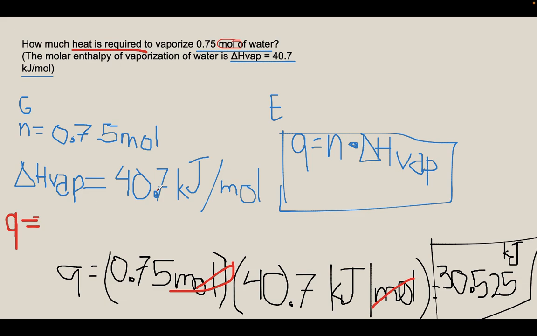Pero sa formula, laging n lang ang nakalagay. So we first need to get the n since walang n dito. How do we get the n? We use this formula. N is equals to mass over molar mass, since molar mass is also given. I-divide mo lang silang dalawa, and then matitira yung mole, which is yung unit of measurement ni n. Ngayon nakuha mo na si n.